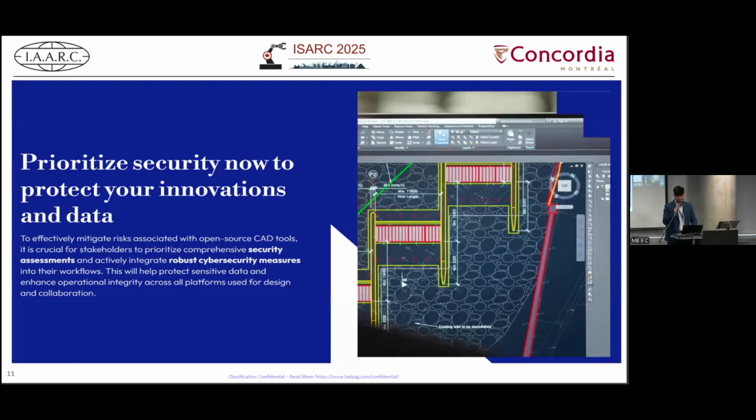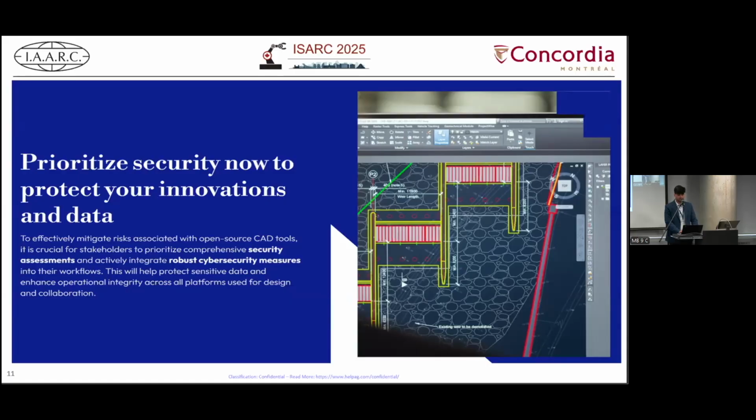As we wrap up, it's really critical to emphasize the importance of prioritizing security today to safeguard all of the innovations and all of the work that we do. Along with that, the data also has to be secured. In the context of open source CAD tools, vulnerabilities can lead to serious consequences, from data theft to data manipulation to disruption of your design itself.